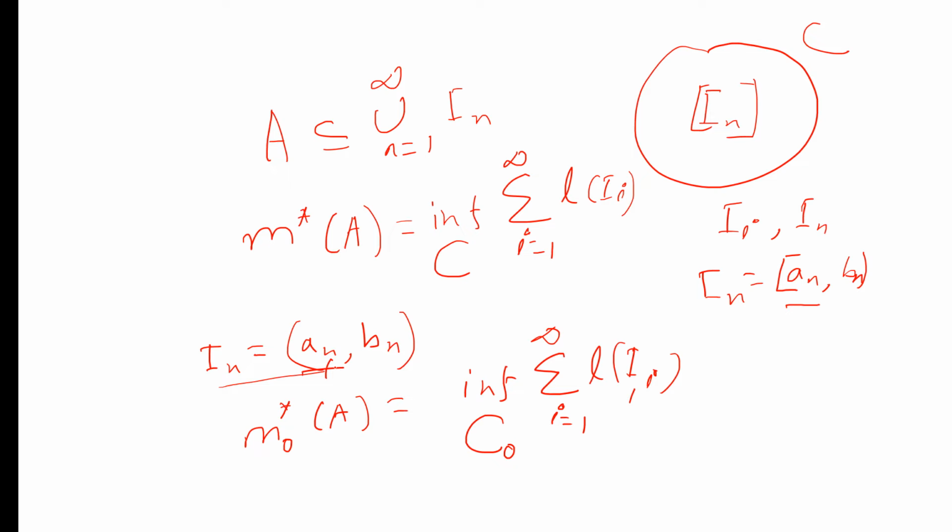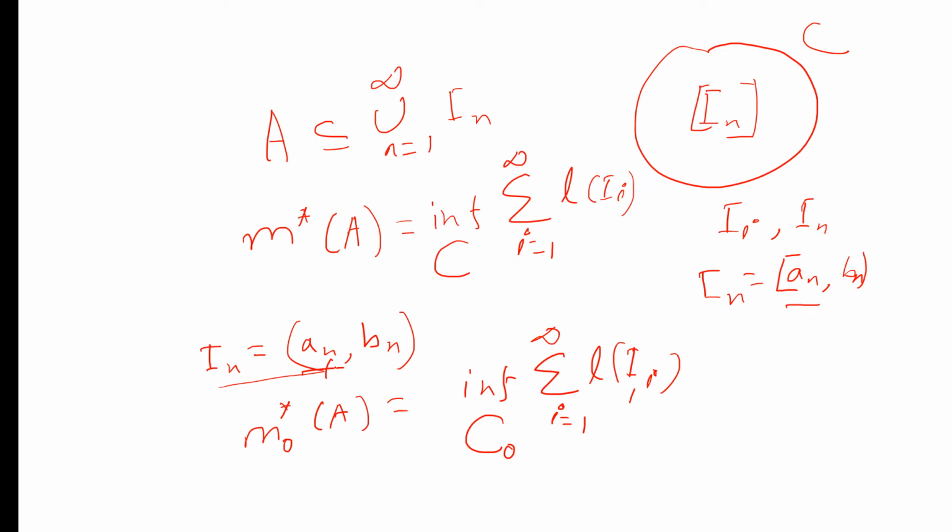All right, so that is the next theorem, and that is very important. Like that, you can talk about closed intervals also. So you have a collection of closed intervals whose union is a superset of A, that is, we call it a cover by closed intervals. Then you think about the collection of such covers, and the infimum of the summation of the lengths of the intervals, taken over all covers.